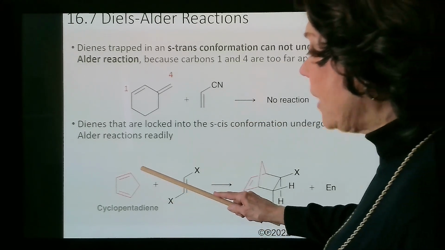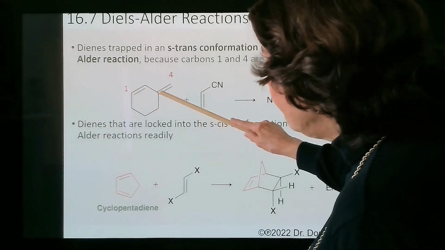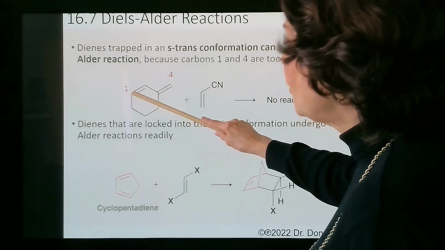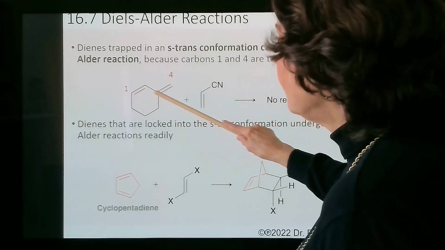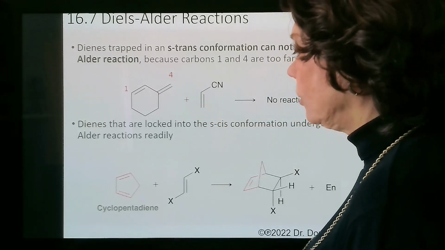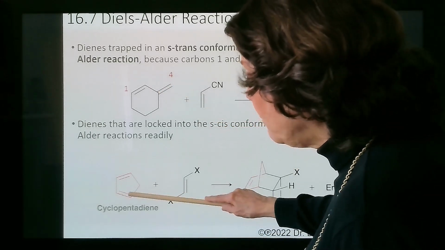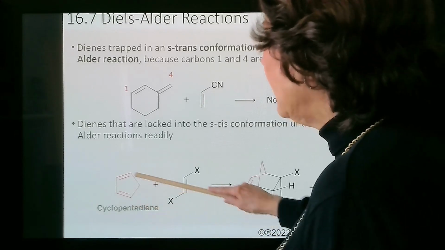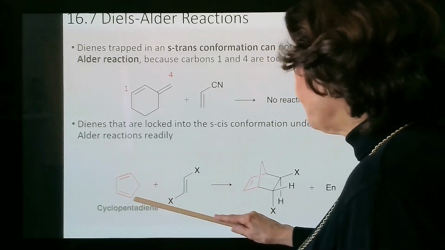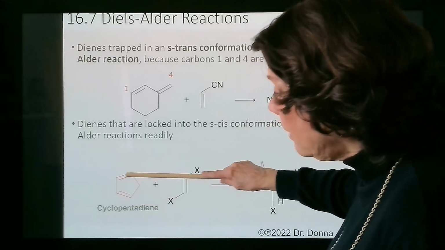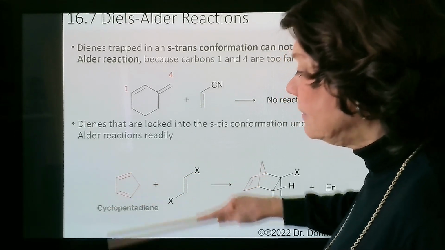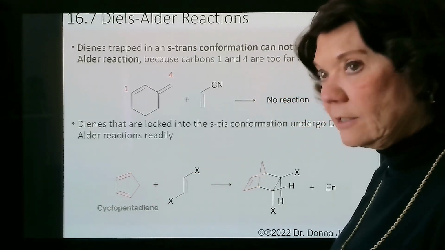Here, notice this is involved in a ring structure so that it is held in the S-trans configuration. Now we have the two double bonds involved in a ring structure where they are held in the S-cis configuration.